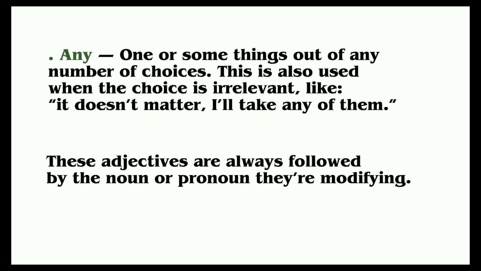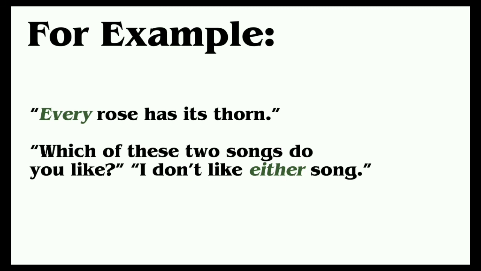These adjectives are always followed by the noun or pronoun they are modifying. Example: "Every rose has its thorns." "Which of these two songs do you like?" "I don't like either song."